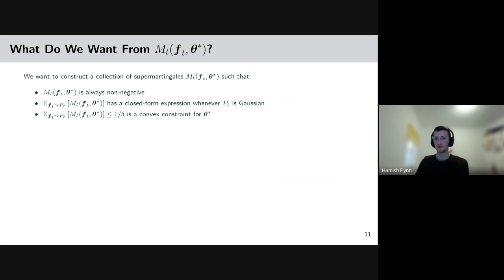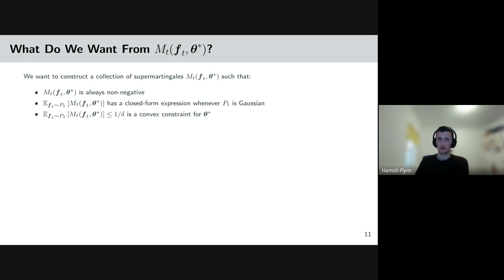So we're now going to construct this collection M_t. Let's consider what we want from M_t. Because we want to use Ville's inequality, we need M_t of theta star to be non-negative for any sequence f_t.